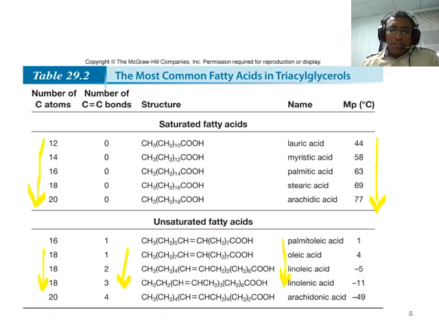If room temperature is 25 degrees Celsius, those triacylglycerides or oils made up of this 18 carbon, which already has double bonds, will be in the form of liquid because they melt, and that's the physical form of the oil.